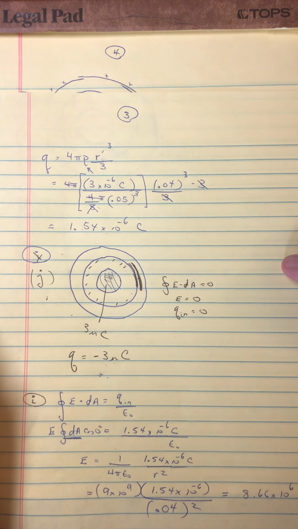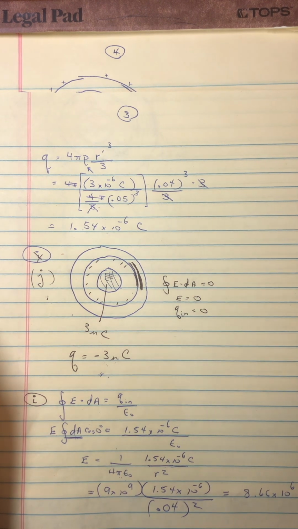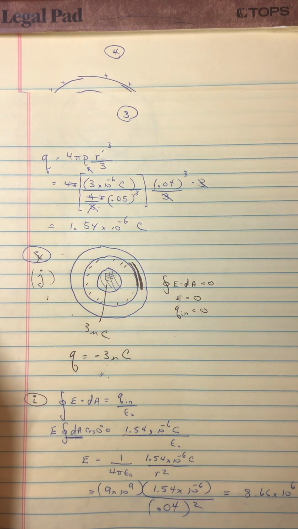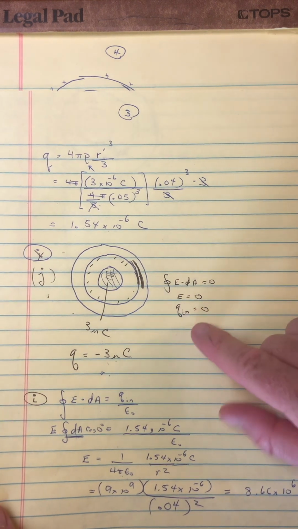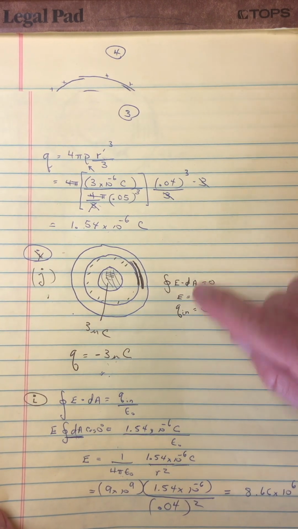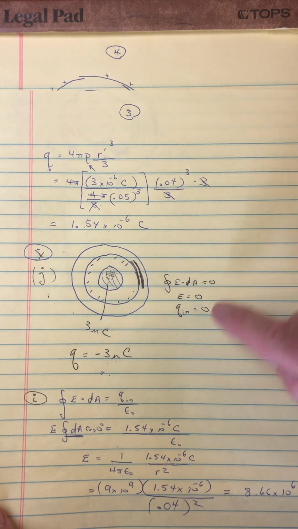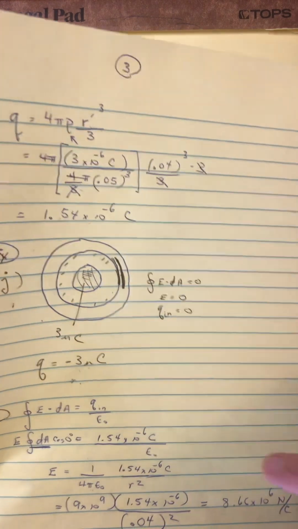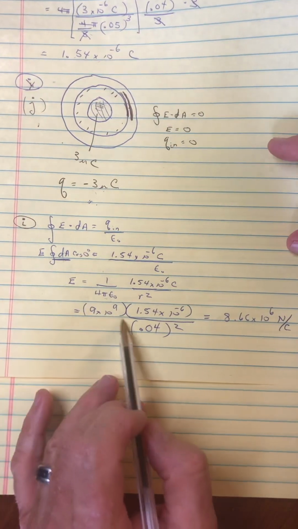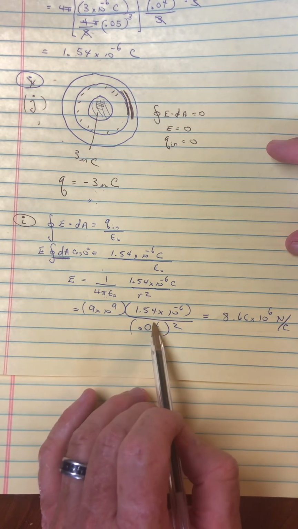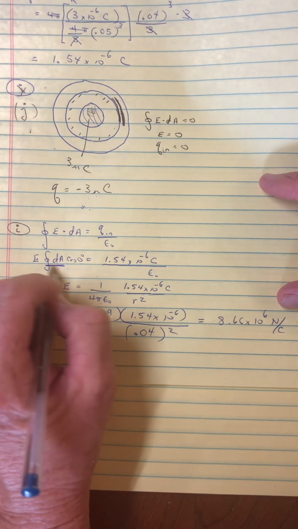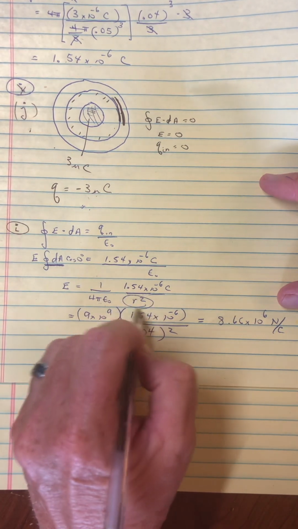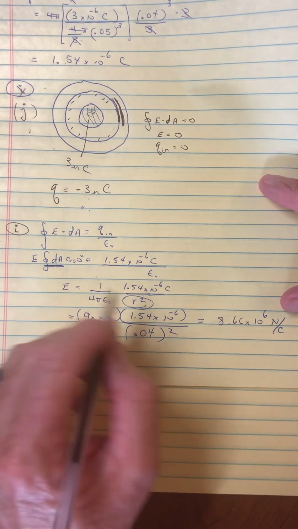So what makes that important here, and I didn't really write it this way when we calculated the field, which I guess was I. We just kind of threw it in. But if you'll notice, when we did the surface area, we had an R squared, and that was of the Gaussian surface.